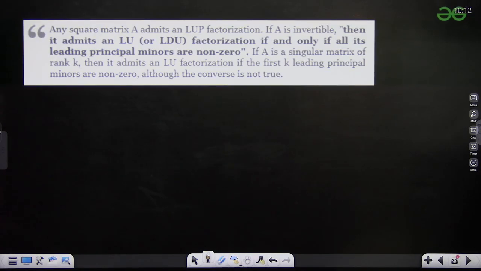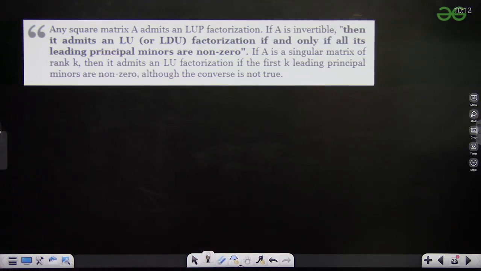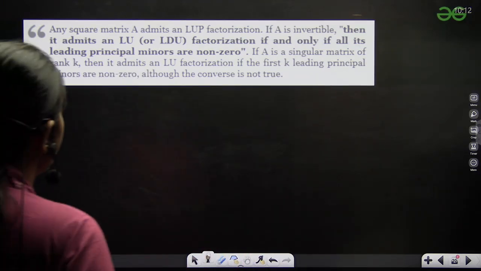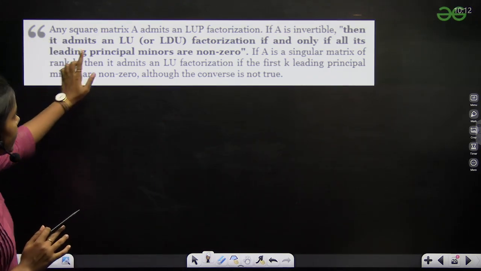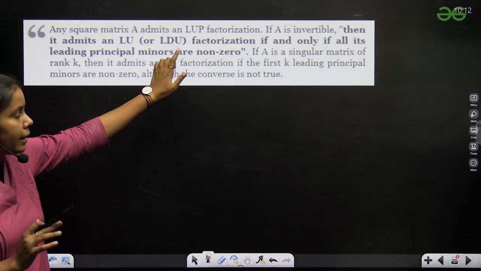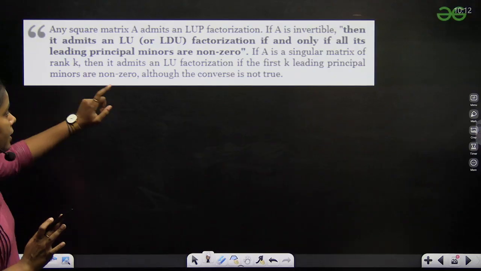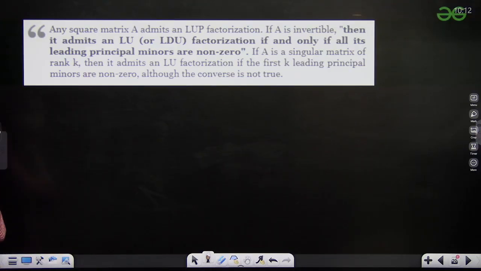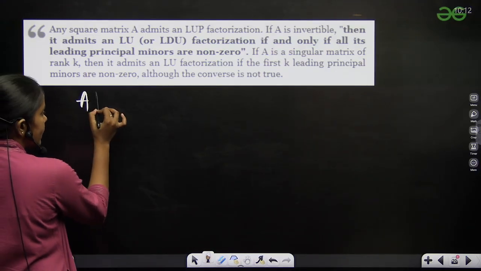Now that's the same thing they have written here, which I already told you: any matrix A admits an LUP factorization. If A is invertible, then it admits an LU factorization if and only if all its leading principal minors are non-zero. If A is a singular matrix of rank K, then it admits an LU factorization if the first K leading principal minors are non-zero. Now what would happen here?